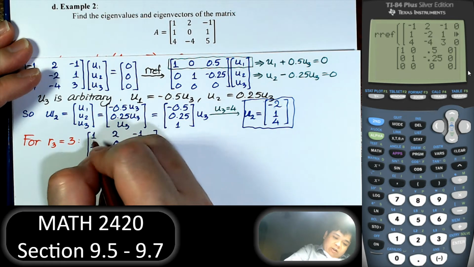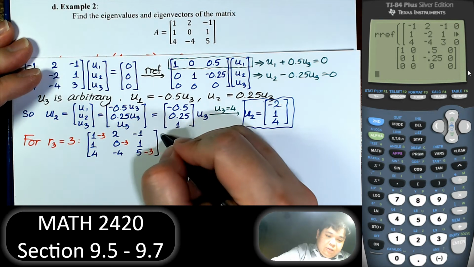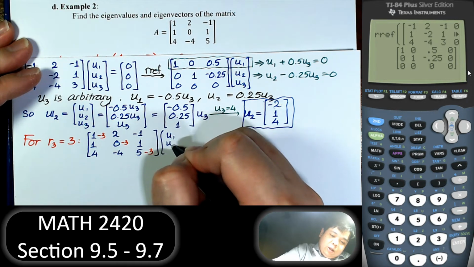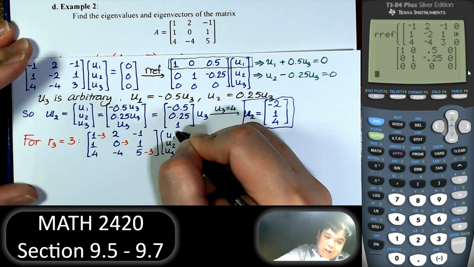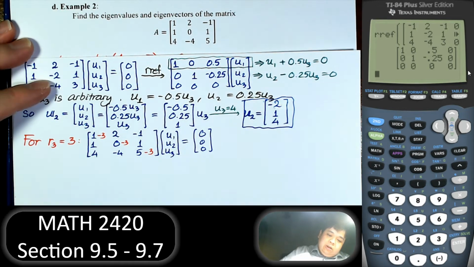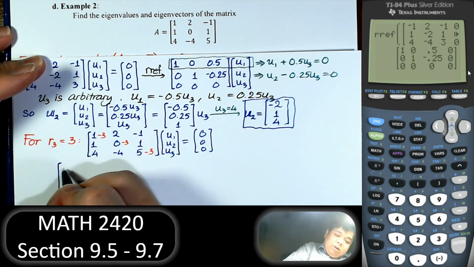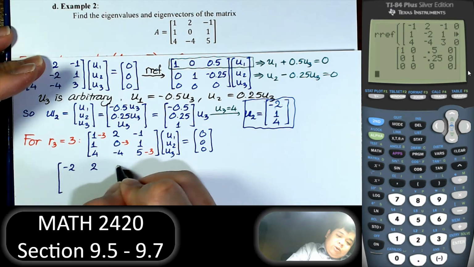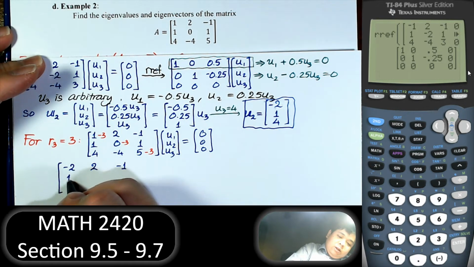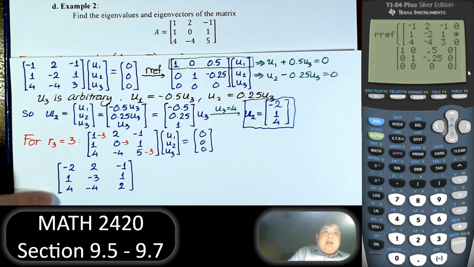I subtract 3 on the diagonal, times U1, U2, U3 equal to 0, 0, 0. Right. So that gives us the matrix negative 2, 2, negative 1, 1, negative 3, 1, 4, negative 4, and 2. Looks like this is a multiple of that row.